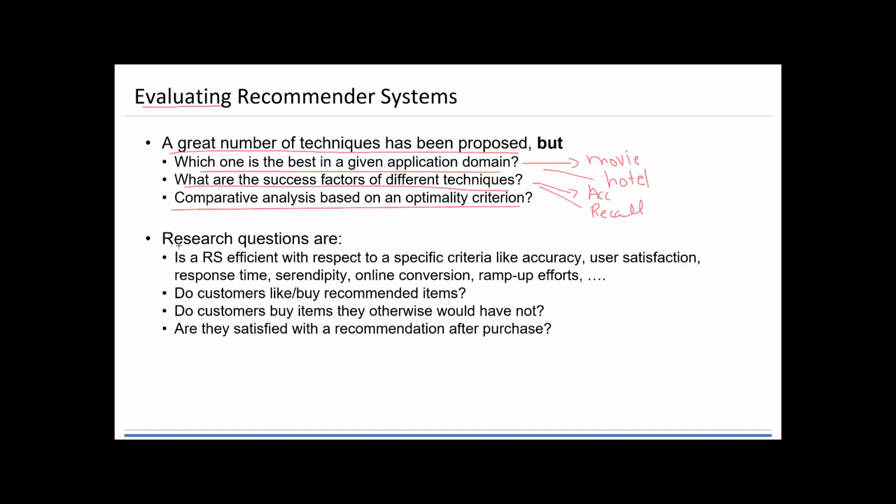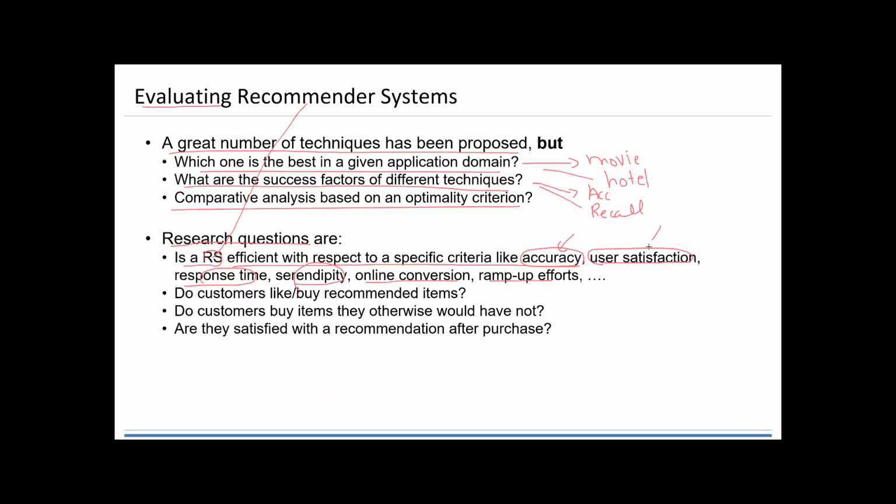And the research questions are: is the RS, the recommender system, efficient with respect to a specific criterion, such as accuracy, user satisfaction, response time, serendipity, online conversion, ramp-up efforts, etc.? We already know about accuracy from machine learning.